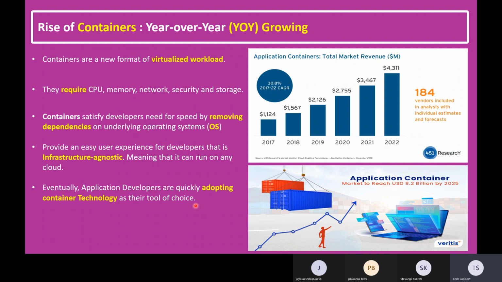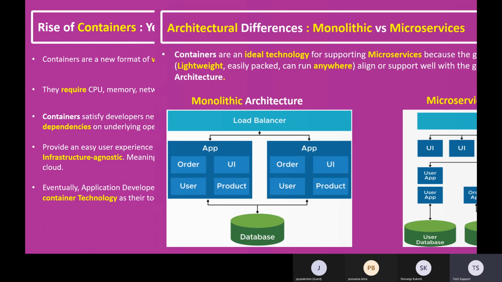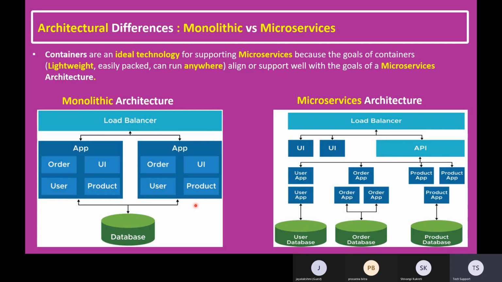Okay. Now we'll try to observe the architectural differences between monolithic and microservices. Monolithic means what we normally call our previous architecture. The application runs on a single device. Within the application, you have order, user interface, and users, meaning who has permission to this application, and the specific application product name.